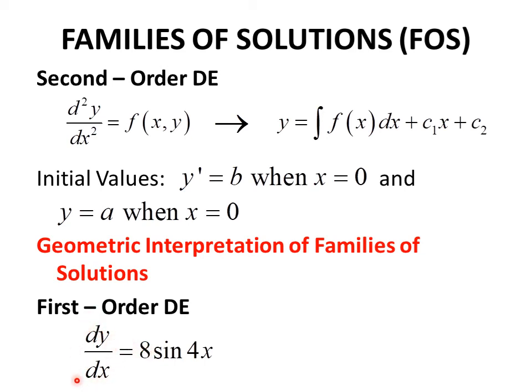We have to integrate this differential equation only once to get the solution. The solution is y is equal to -2 times cosine 4x plus c. Now, this c can have any value, let's say 1, 2, 3 or any value. Therefore, this expression can generate multiple solutions.